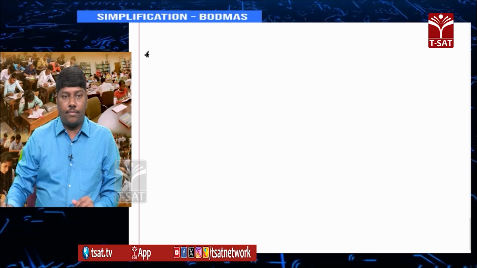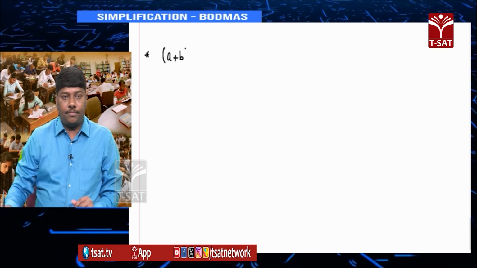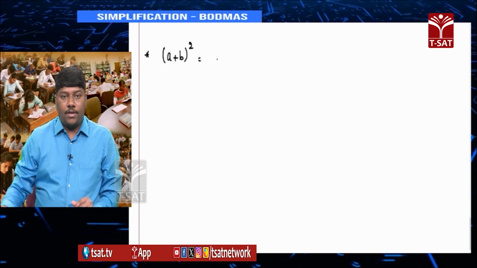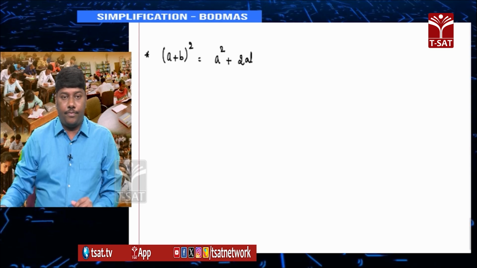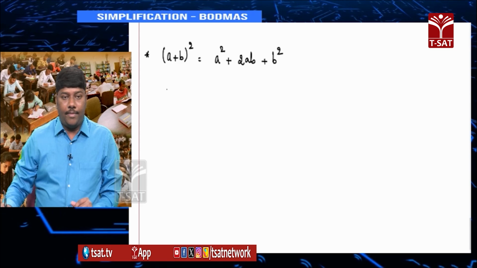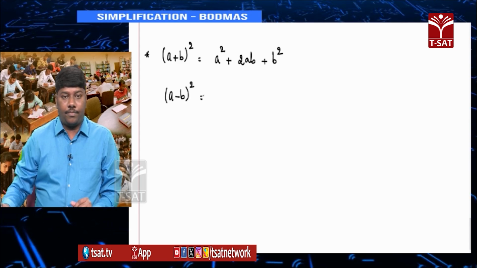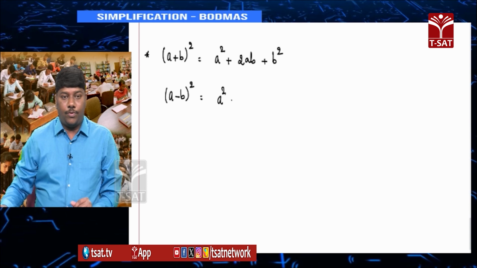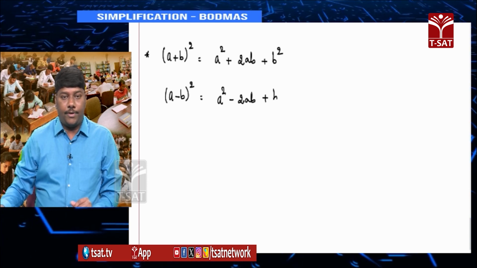So, what are the formulas that you have to know? We all know a plus b whole square is a square plus 2ab plus b square, and a minus b whole square is a square minus 2ab plus b square.